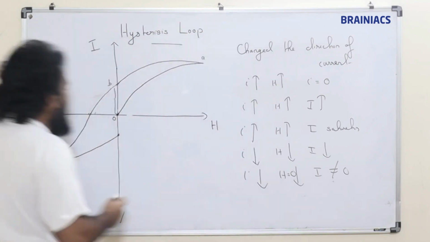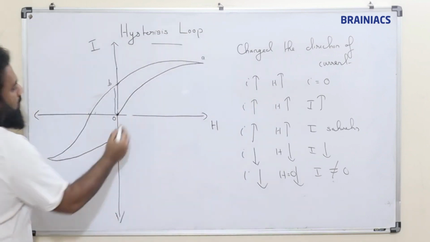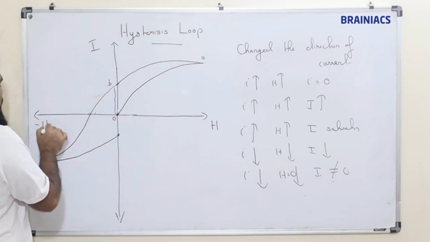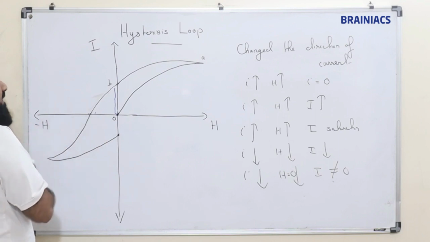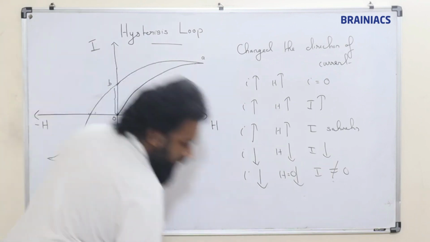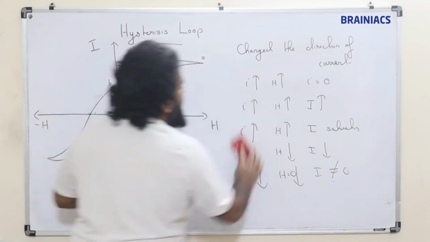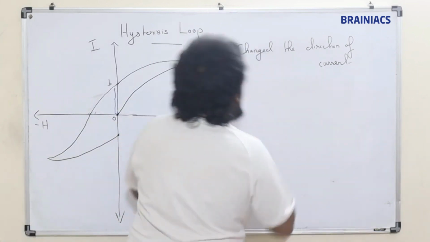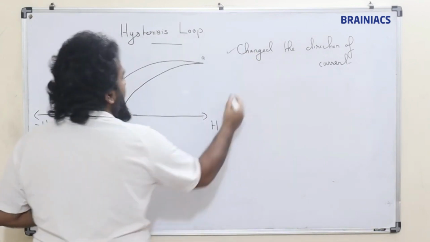Okay, now what we can do? So current is in the opposite direction. So H was also in the minus H direction. Now what we will do? Again we will change the direction of current.